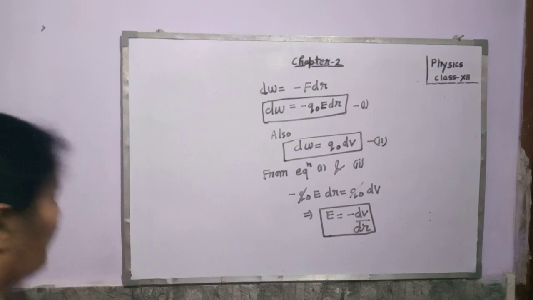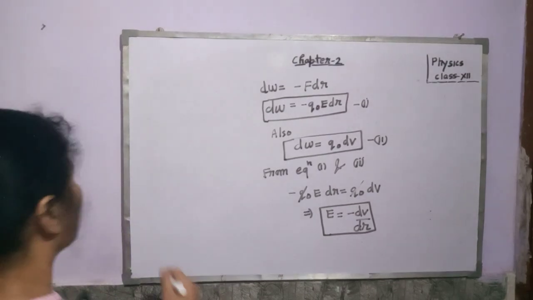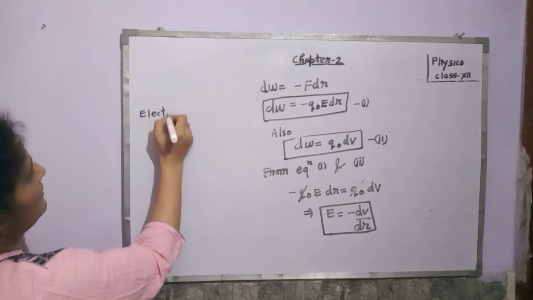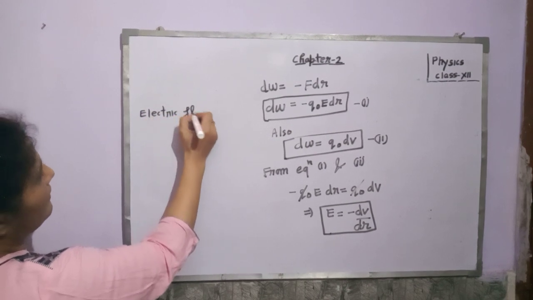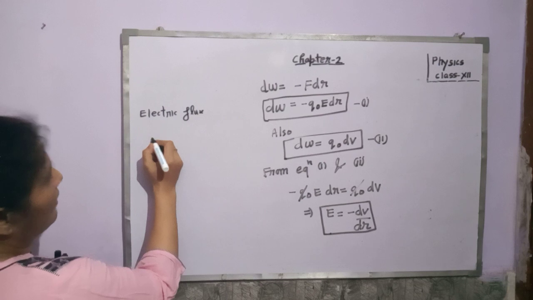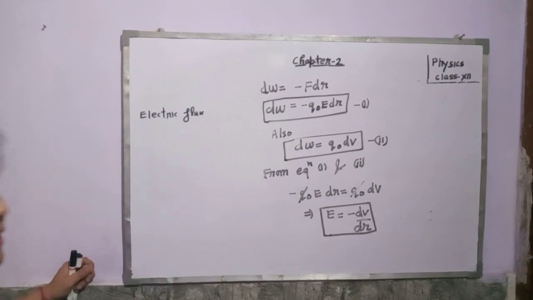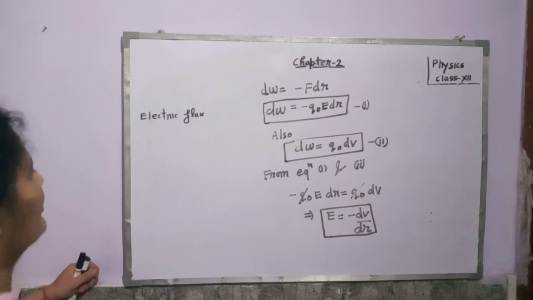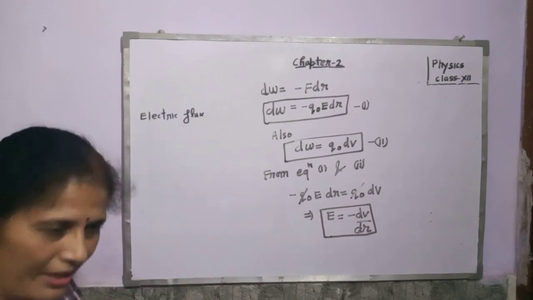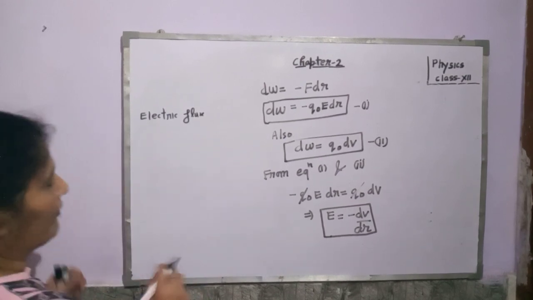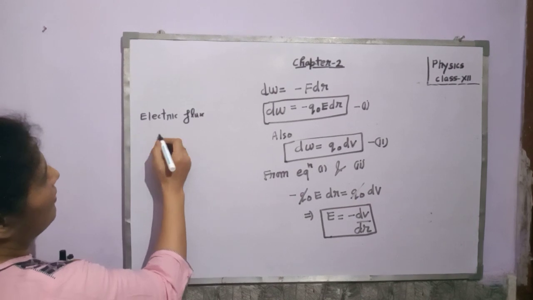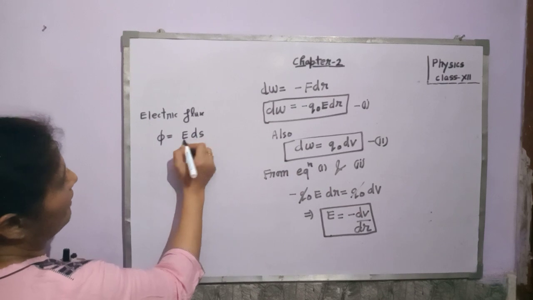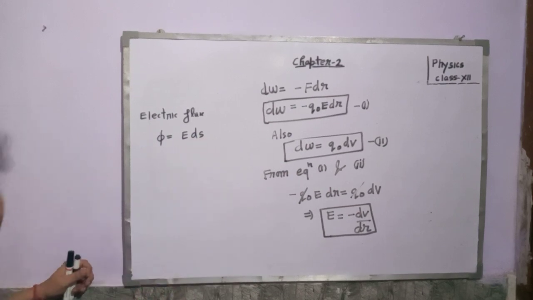Now you can see here also electric flux. What is the value of electric flux? In general, if the area vector is placed perpendicular to the direction of the electric field, you can say the surface is placed perpendicular to the direction of the electric field, then phi is equal to E ds, where E is the electric field and ds is the small area vector.